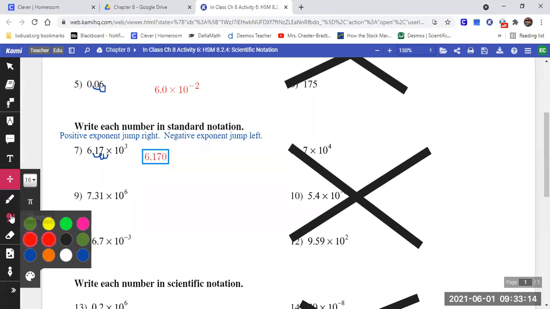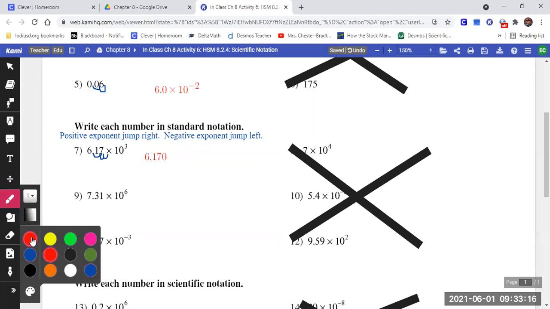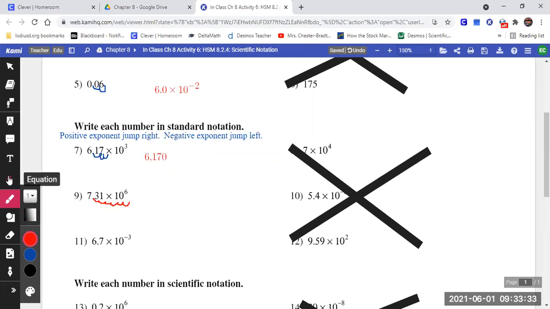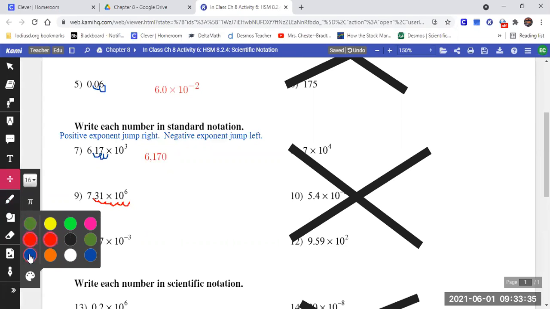Okay, which way am I going to jump for this one? Left or right? Right, because it's a positive. So if I jump right, 1, 2, 3, 4, 5, 6, right? What am I going to fill in those jumps that I don't see a number with?